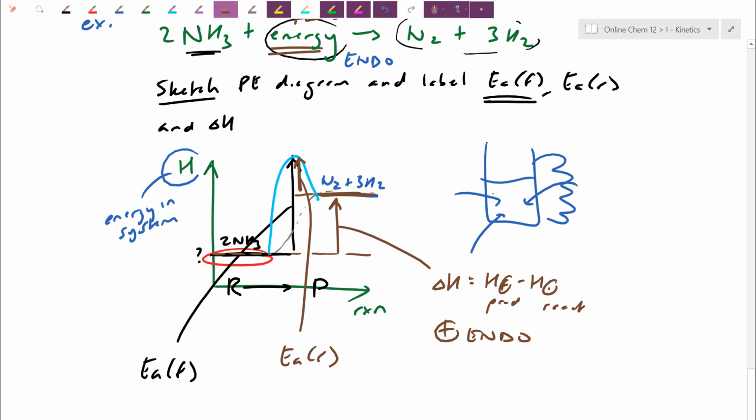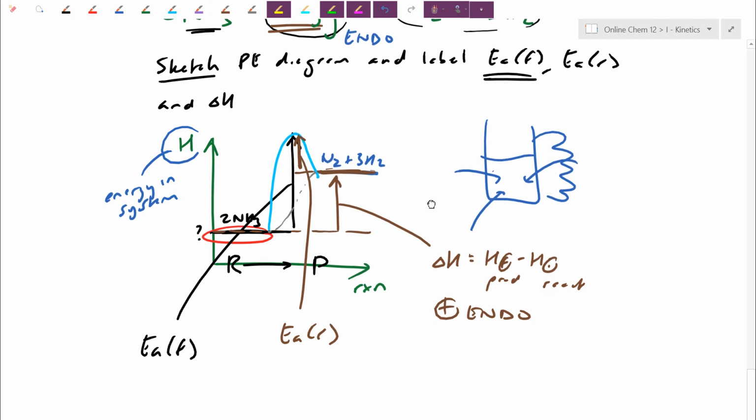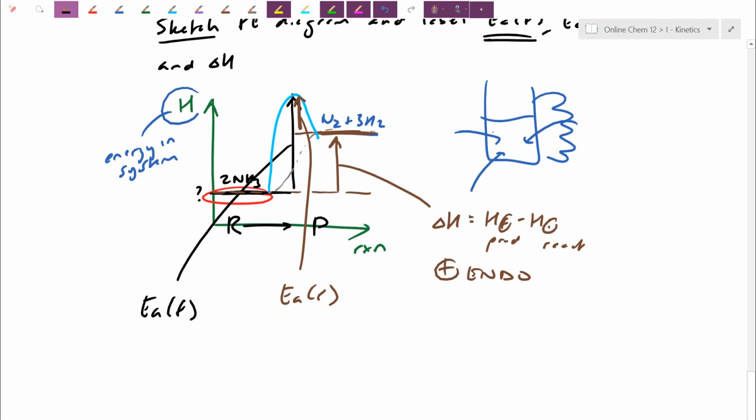If you just look at these arrows here, we actually get a relationship. If you like formulas, you can say my EA forward, this entire black arrow here, is actually just a combination of the other two arrows. It's a combination of doing delta H first, and then doing EA in the reverse direction. So you have that relationship as well.